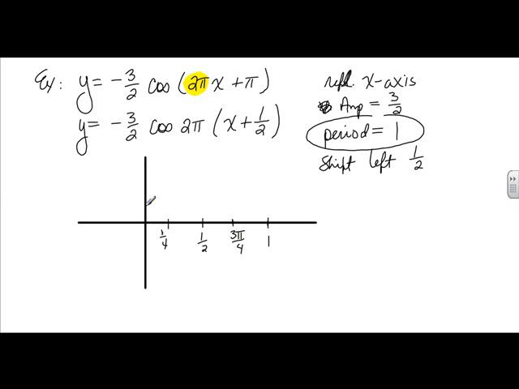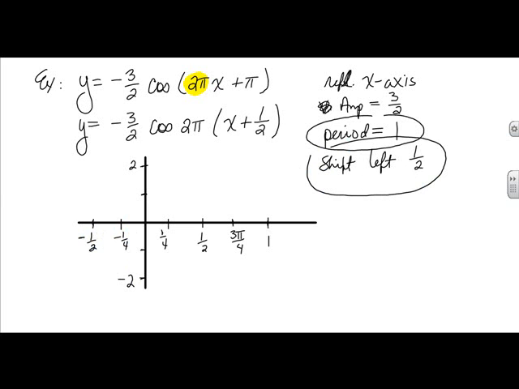I'd need to be able to show -1/2, -1.5 and +1.5 as maximum points and minimum points. All right, and then we've got to think about shifting this all to the left 1/2 a unit. So maybe here's -1/2, and then -1/4 is probably going to be important.